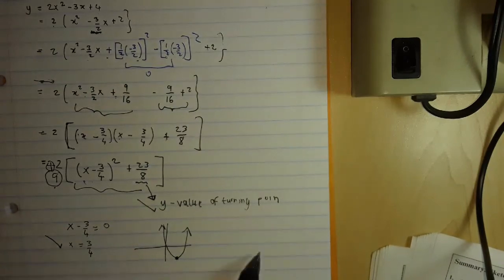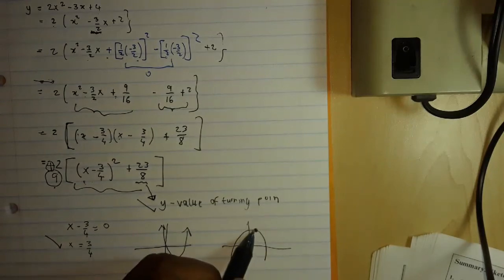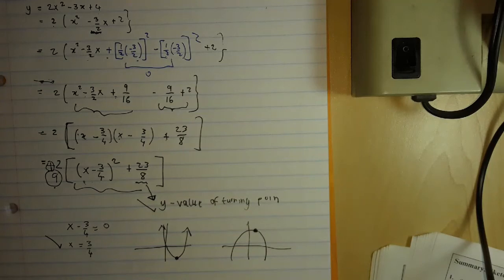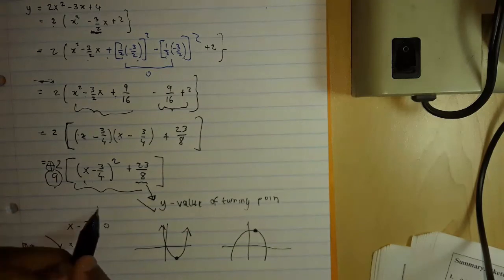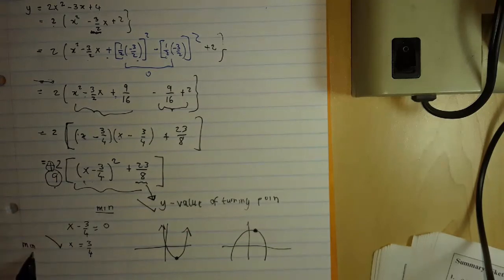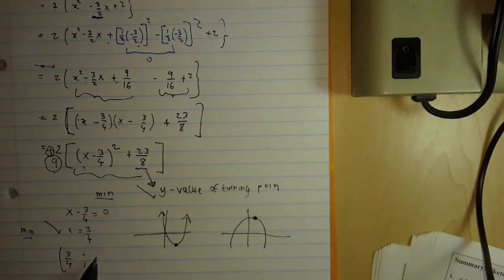However, if the gradient were negative, we would say that the y and the x value of the turning point are at max. So we can just say these represent the minimum, both. So the coordinates are 3 over 4 and 23 over 8.